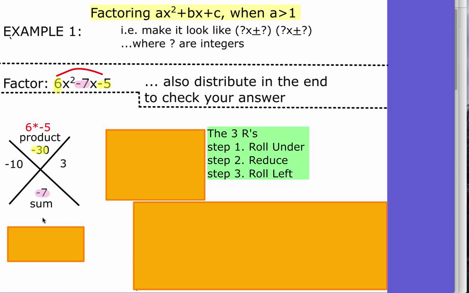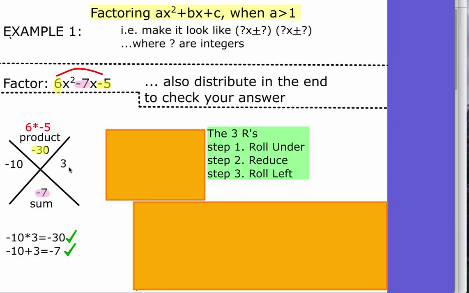If you look at me testing those two numbers out, negative 10 times positive 3 gives you negative 30. Negative 10 plus 3 also gives you negative 7 on the bottom over here. So both the product and the sum match the product and the sum here in the x. So we know that negative 10 and 3 are the numbers.